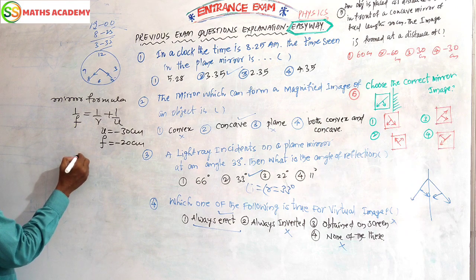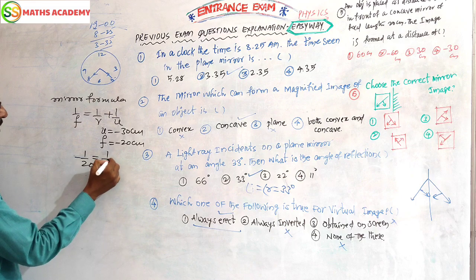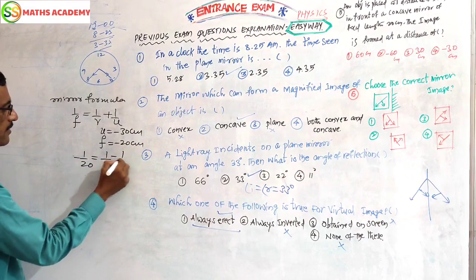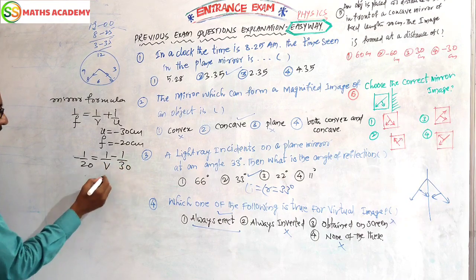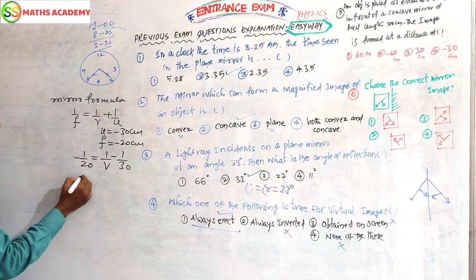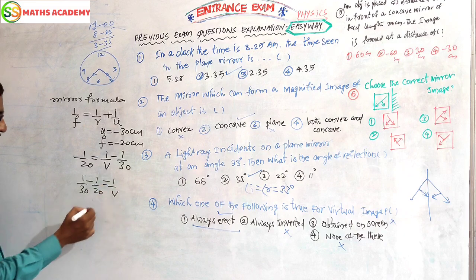Substitute values. So here minus 1 by 20 equal to 1 by v plus 1 by u, means minus 1 by 30 is coming. So you have to bring the minus 1 by 30 to the left side. Lastly we are getting 1 by 30 minus 1 by 20 equal to 1 by v.